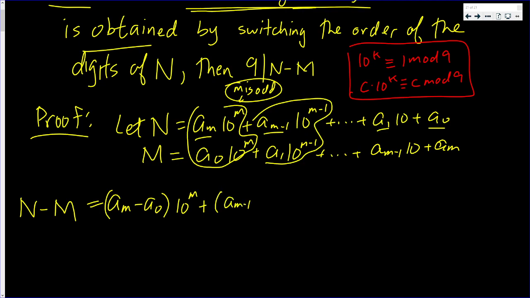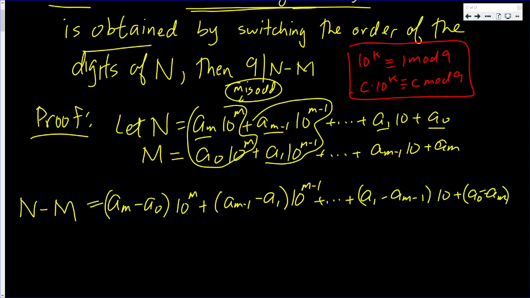So I get a_{m-1} minus a_1, 10 to the m minus 1, all the way down to a_1 minus a_{m-1} times 10, plus a_0 minus a_m. And I want to do all of this in mod 9.